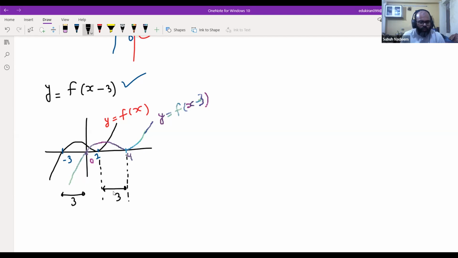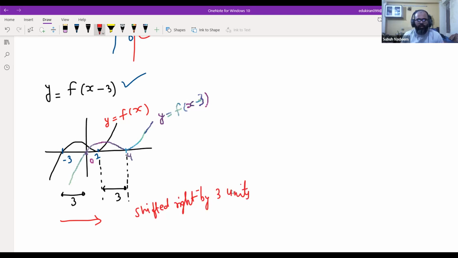The whole graph is shifted towards right, from the left to the right. So by how many units? Shifted right by 3 units. Is it okay?